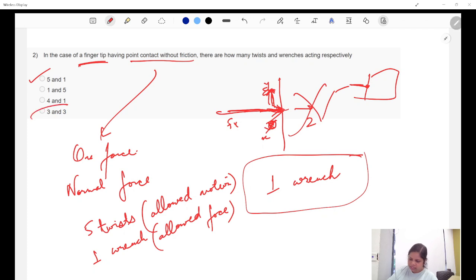This is the case for point contact with friction. With friction you get 3 wrenches, 1 normal and 2 tangential, and 3 constrained motions, which is 3 twists.